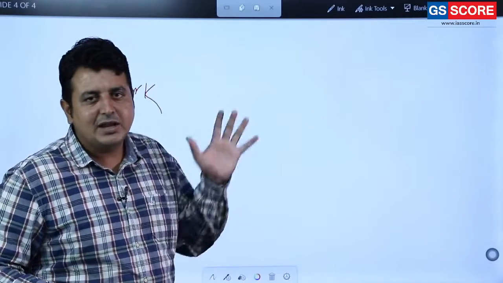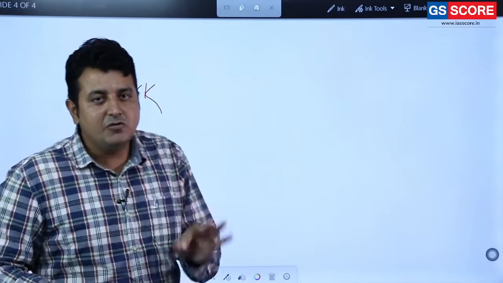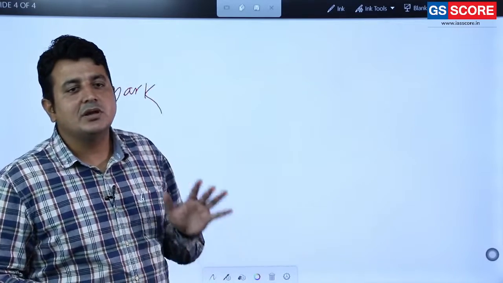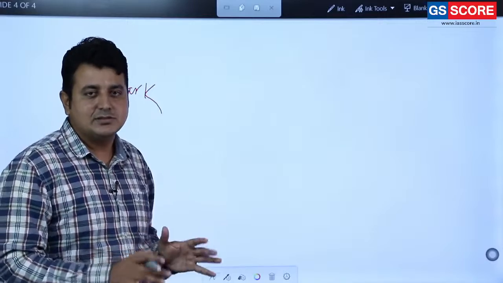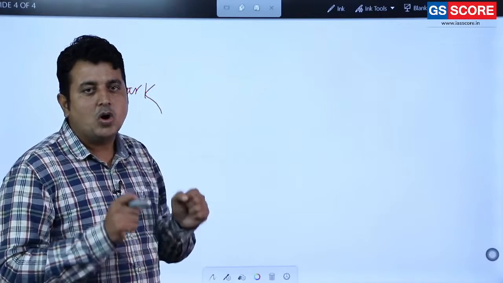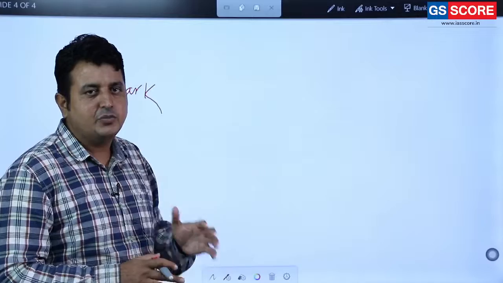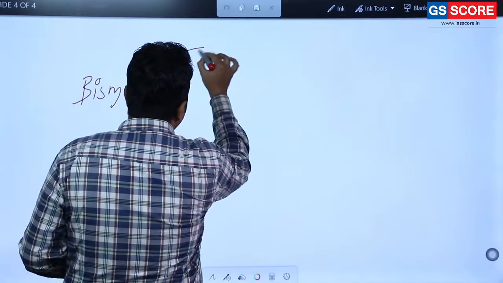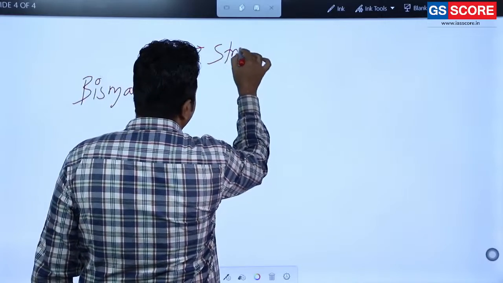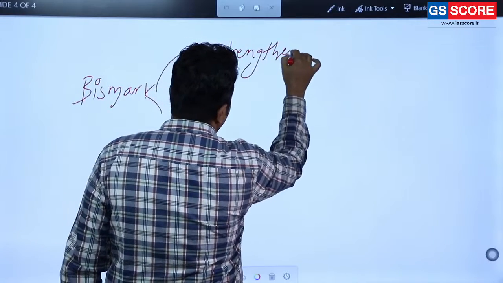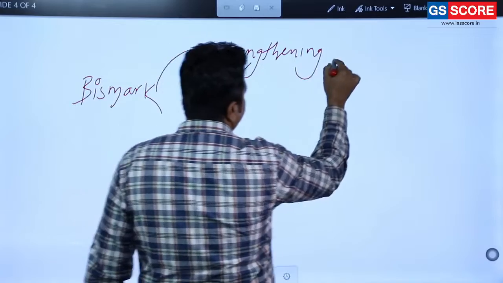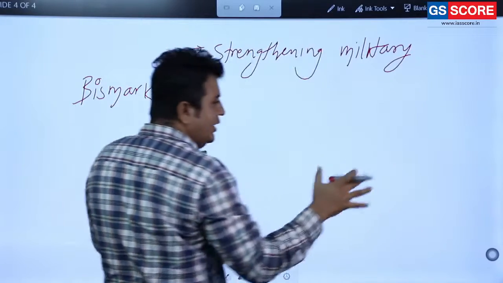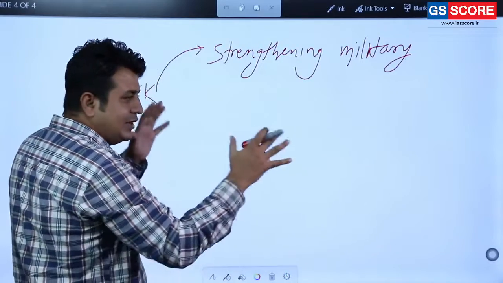So he had a clear idea: if we want to defeat Austria and France, then one thing is important, and that is a strong military. Without a strong military, we cannot defeat them. So for that reason, he started strengthening the military.